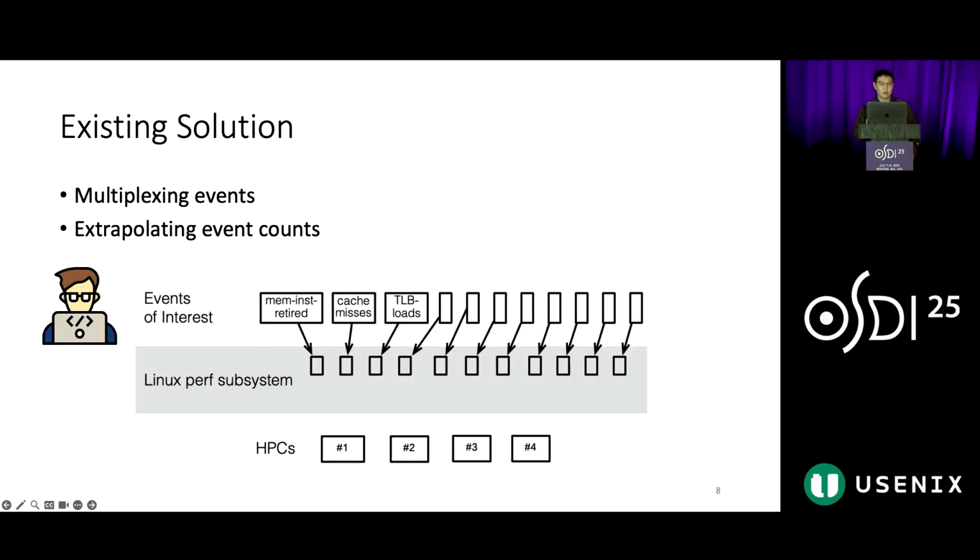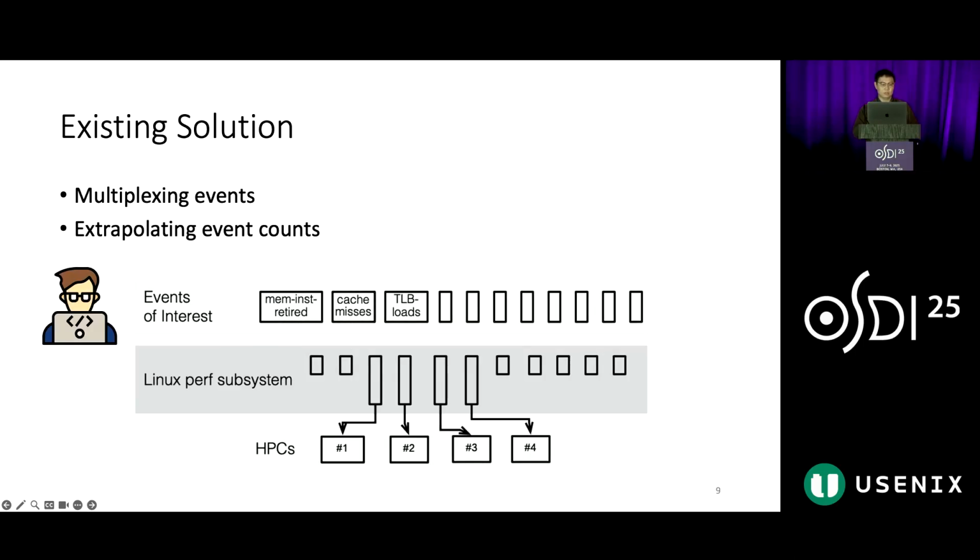To work around this limitation, the existing solution uses event multiplexing. Specifically, in the Linux perf subsystem, it will put all the events in a list.